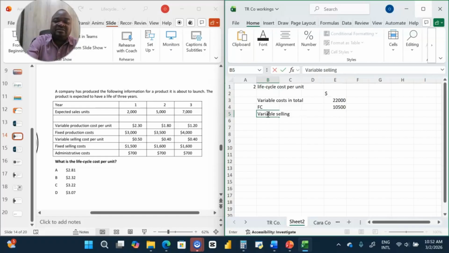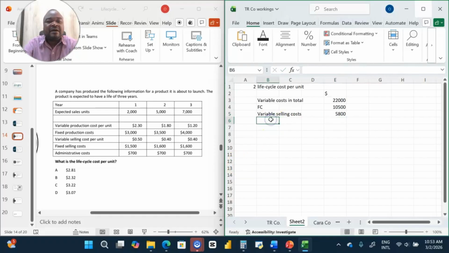We move on to the variable selling costs. Variable selling costs. These ones were given per unit, so we need the totals. So that's equal sign, open brackets. In year one, that's 50 cents, that's 0.5 multiplied by 2,000, which was the total number of units produced in that year, plus open bracket 40 cents, 0.4 multiplied by 5,000 units, plus open bracket 40 cents multiplied by 7,000 units, close bracket, get our total.